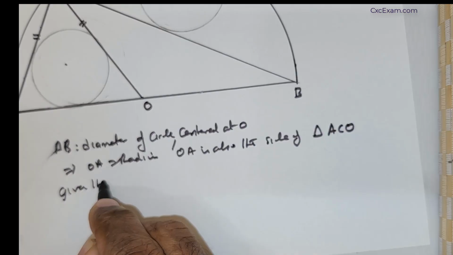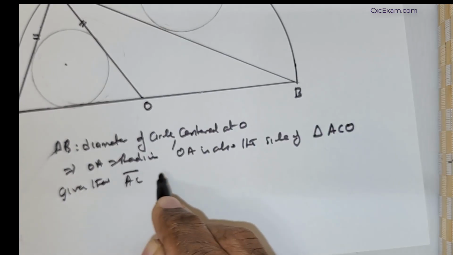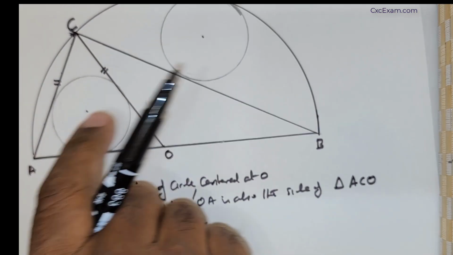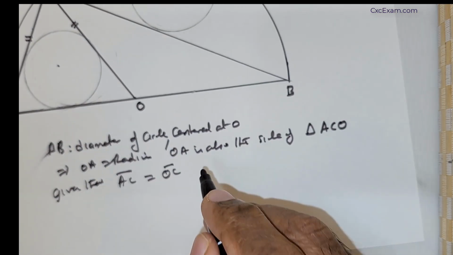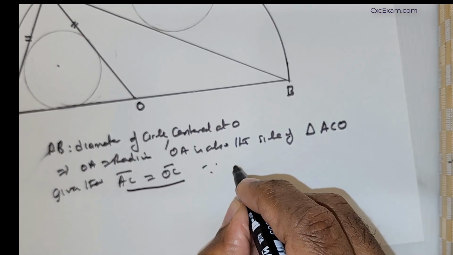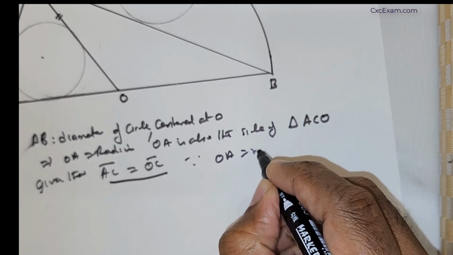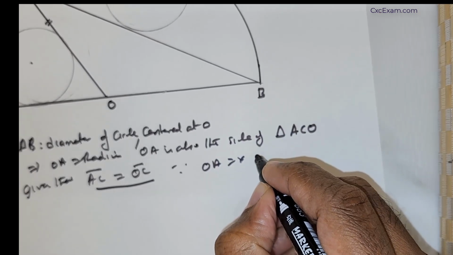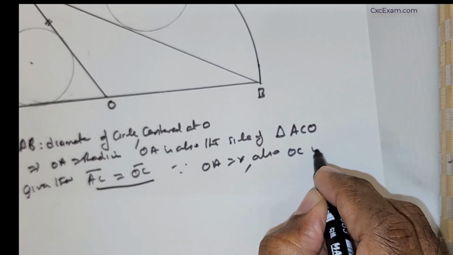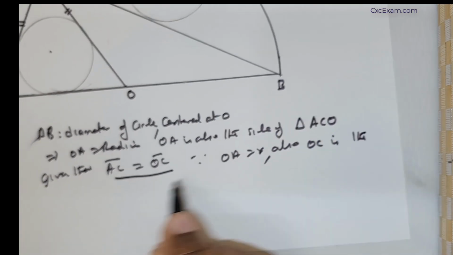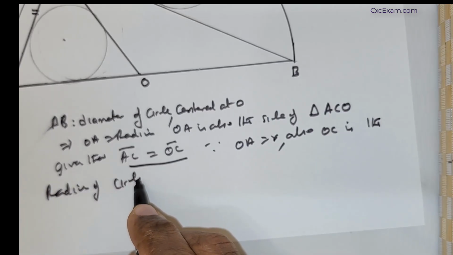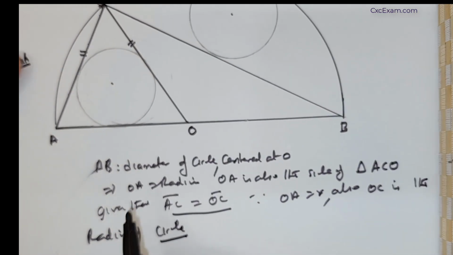Now given that AC is equal to OC, it's given. So that being said, since OA is equal to R, also OC is the radii of circle. Is it not?